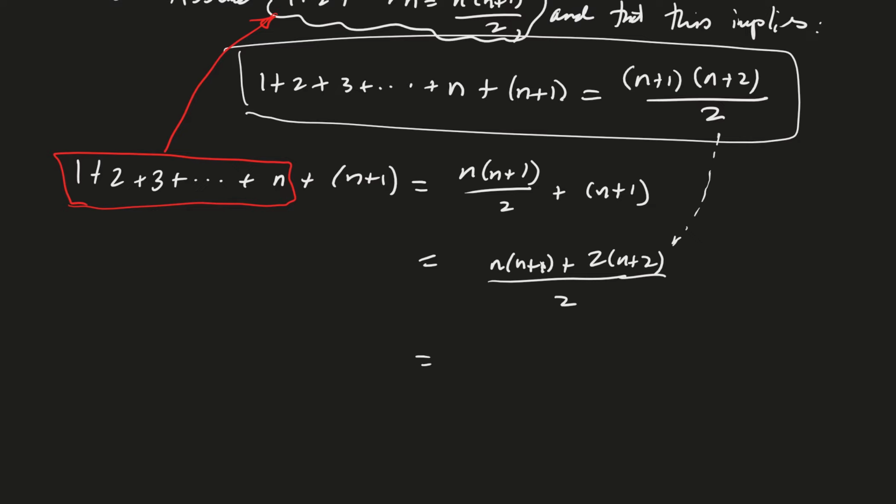Let's go ahead and multiply things out. N squared plus n plus 2n plus 4. Oops, that's an n plus 1, sorry. Oh, that changes my algebra, in fact. Because you see the common n plus 1 there, and then what's left over is n plus 2 over 2, and that is what we wanted. Very good.